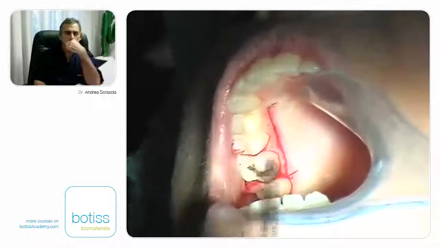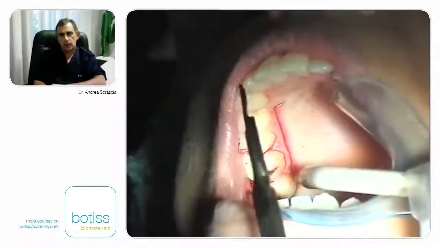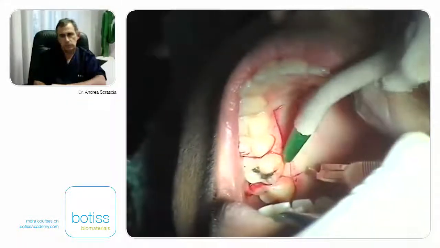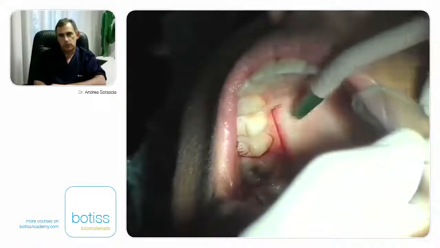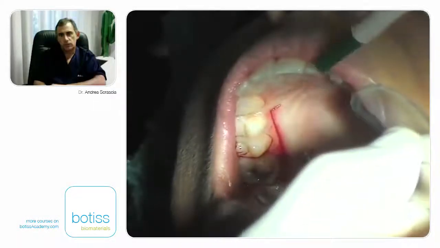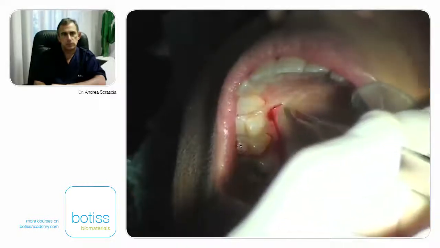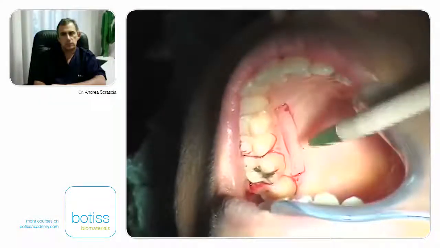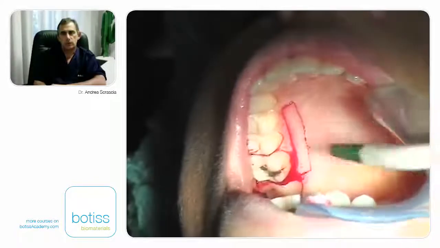And so finally, we have to execute an horizontal incision and remove the graft.